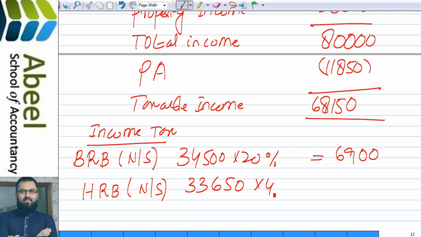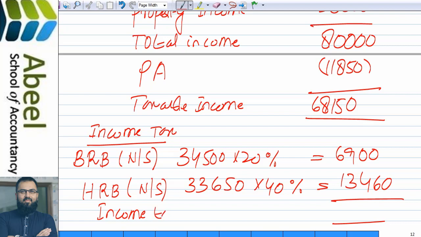We will take 40% of this amount. 40% of this amount is 13,460. So here comes our final answer, that is income tax liability. 6,900. So total amount is 6,900 plus 13,460. So your final answer is 20,360.